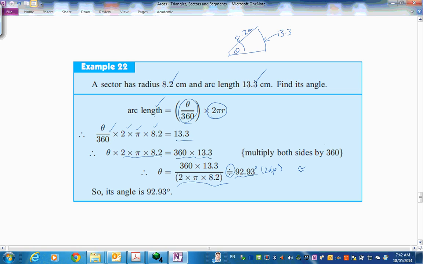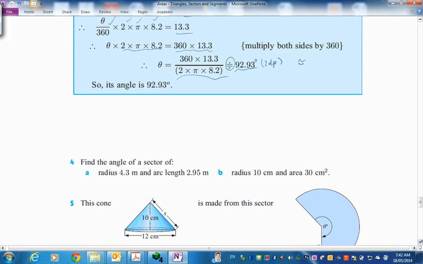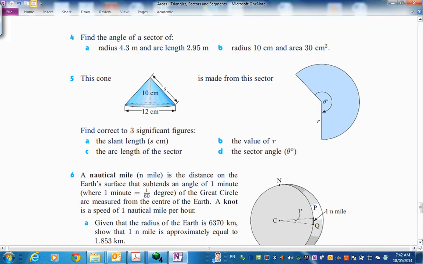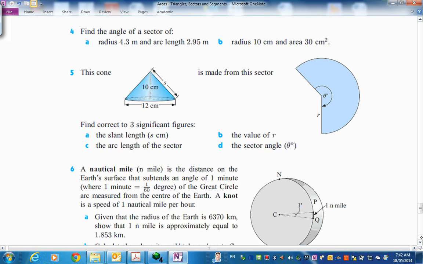Okay, so that's another way of working backwards and finding an angle that would give you that arc length as that fraction of the whole circumference. Okay, let's go down. Find the angle of a sector of radius that, etc. So we'll go 4 and 5, pause it, have a go.